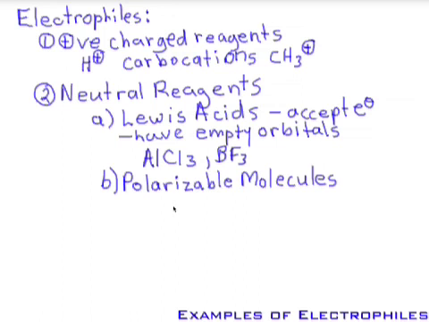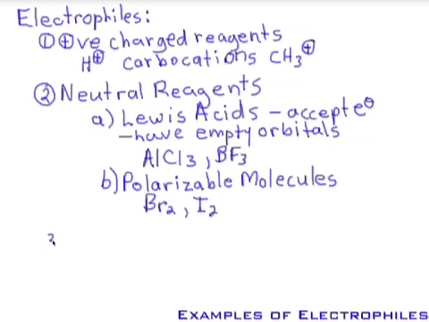These are molecules such as Br2, Cl2, I2, large molecules. Bromine and iodine are more polarizable than chlorine, but the larger and more polarizable they are, the more they're able to interact with the pi cloud. And we'll look at how they can play as electrophiles.